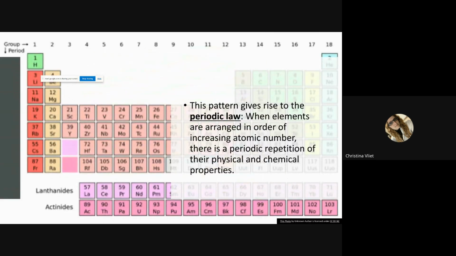Before we do that, this is just a definition you need to know. Write it down. I'll give you some time. When we organize elements by their increasing atomic number, we end up with something called periodic law, which means that in every row there is a periodic repetition of physical and chemical properties of the elements.